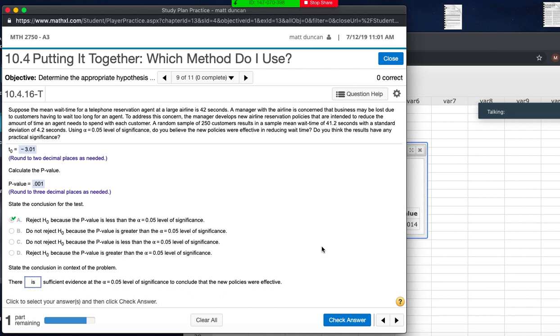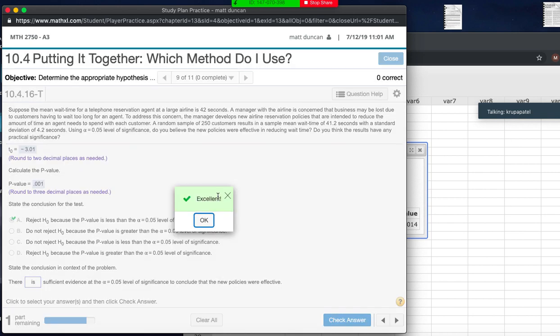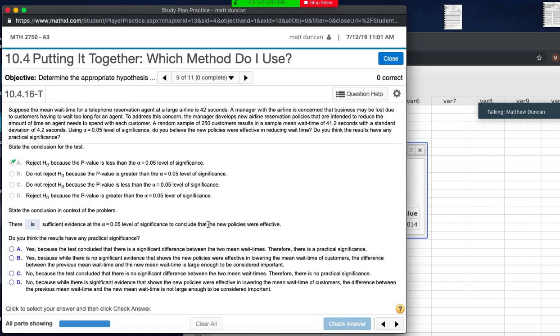It's the probability that your null is true and you get your sample data. That's not technically the definition, but for us, it's going to work. Correct. Yeah. And if it's lower than alpha, you had enough evidence.